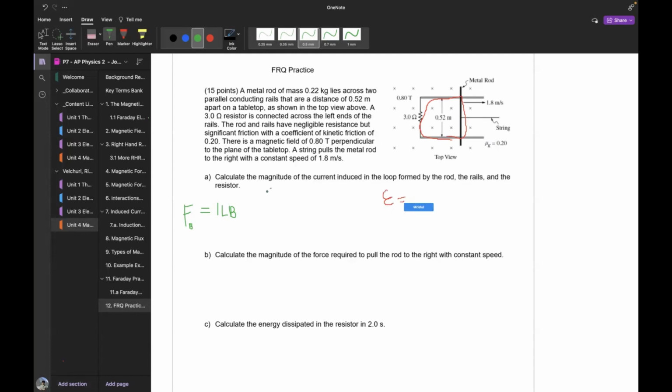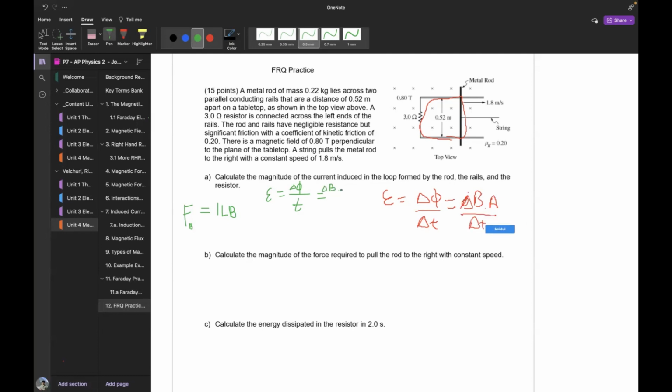EMF induced is delta flux by time. Flux is basically B dot A, and we have to find delta over time.